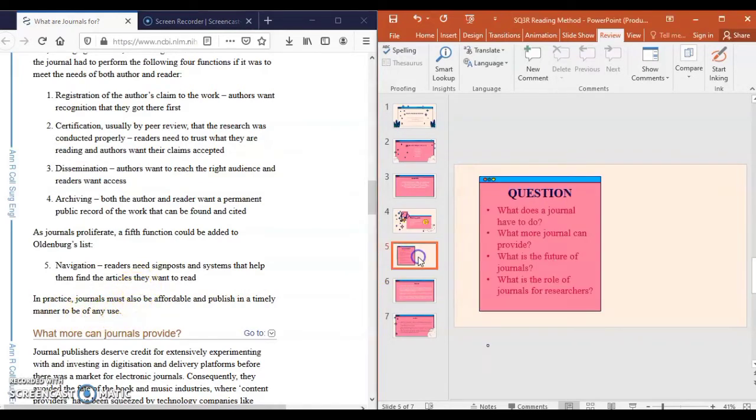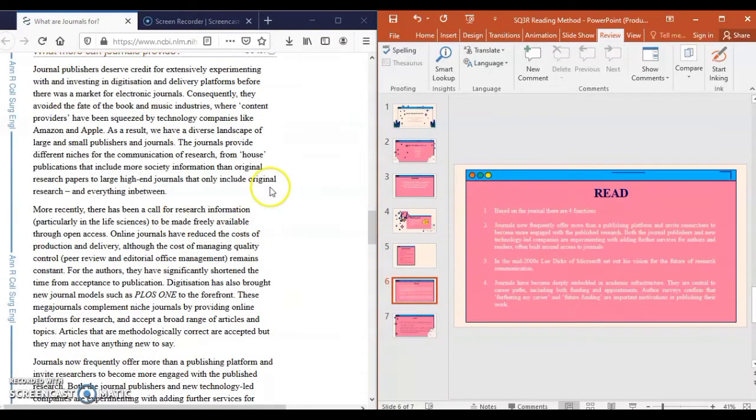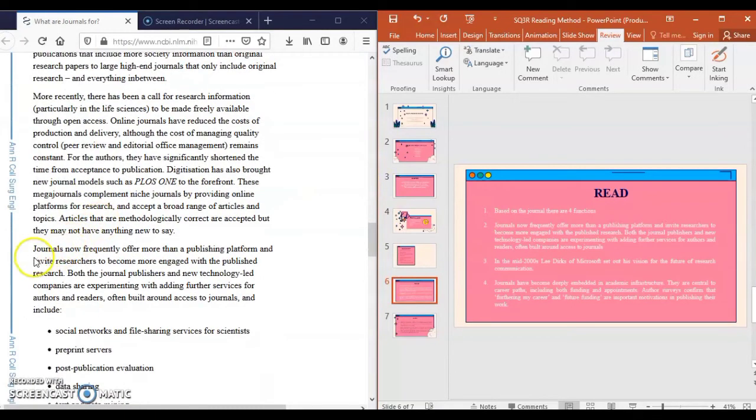The next question is, what more can journals provide? Journals now frequently offer more than a publishing platform and invite researchers to become more engaged with the published research.